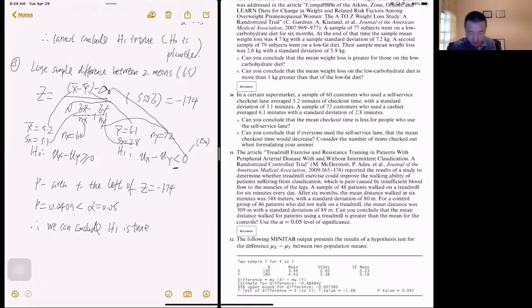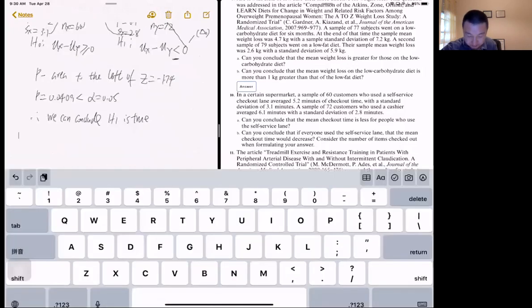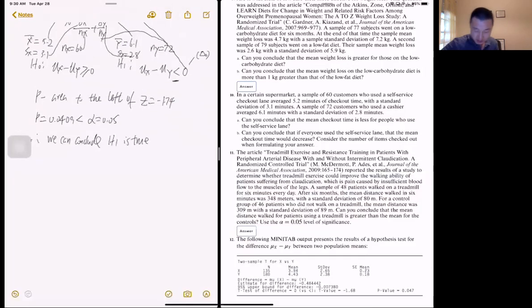We should compare the two situations. It could be that the people using the cashier have more items than the people using self-service. If that's the case, then if the cashier people use the self-service line, that will not decrease the checkout time.